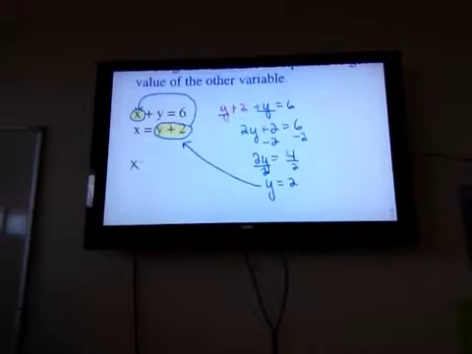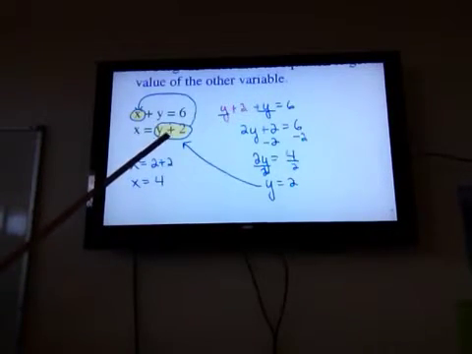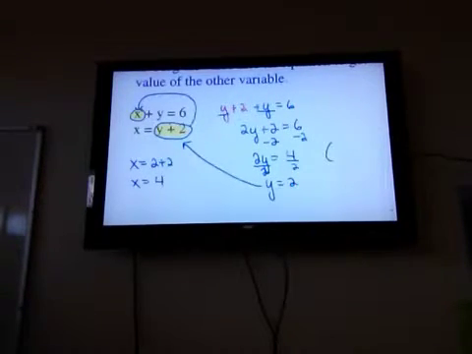So x equals 2 plus 2. Most of the time, when you plug that value in, you can do it in your head. So I don't really need to see work there even. That's why it's the fastest, easiest place to go. So my answer, 2, 4. Written as an ordered pair.